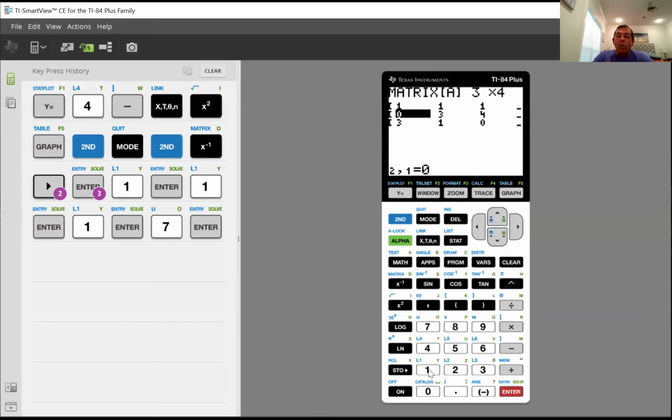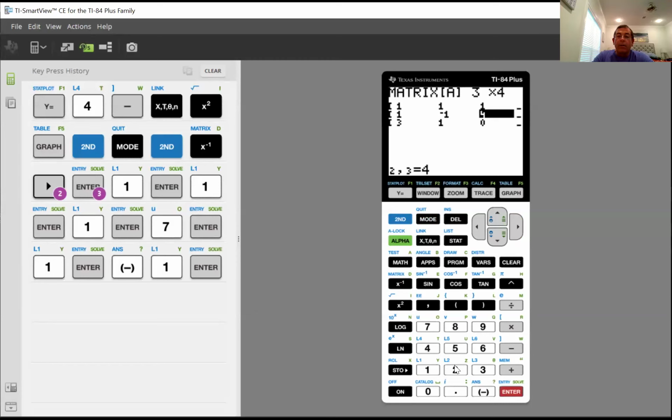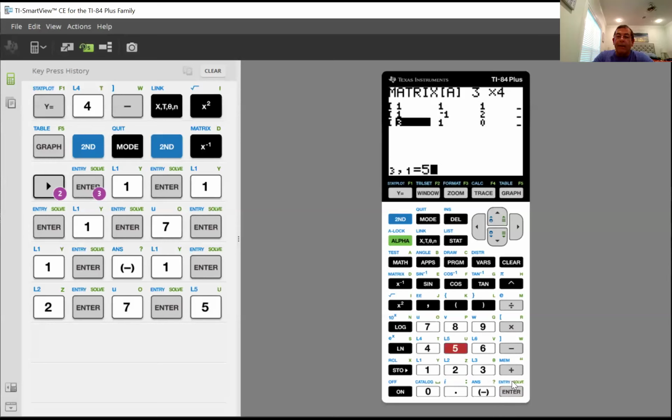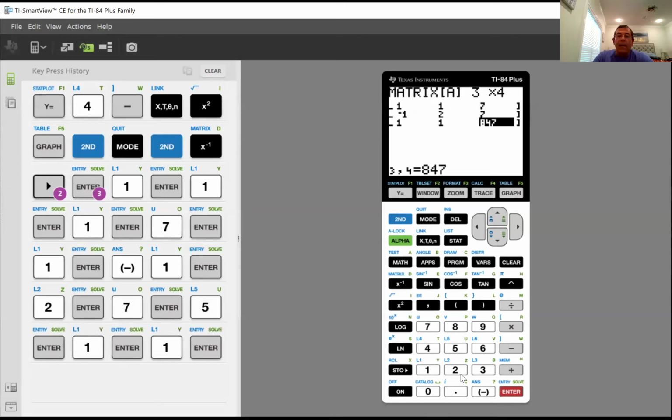Second row, I had a 1 enter, negative 1 enter, 2 enter, and a 7 enter. My third row, I had a 5 enter, 1 enter, 1 enter, and 11 enter.